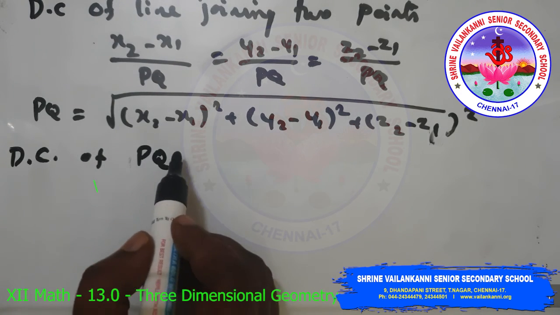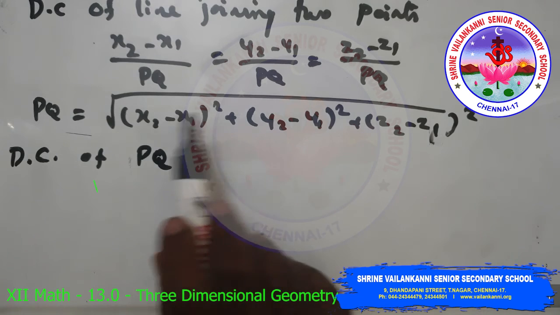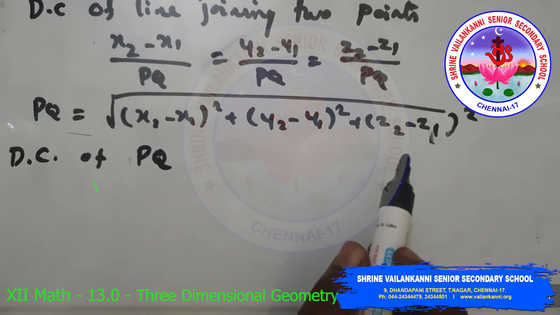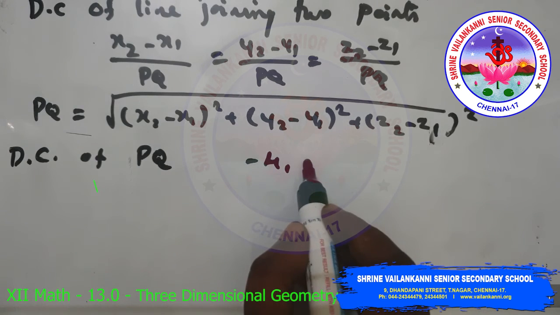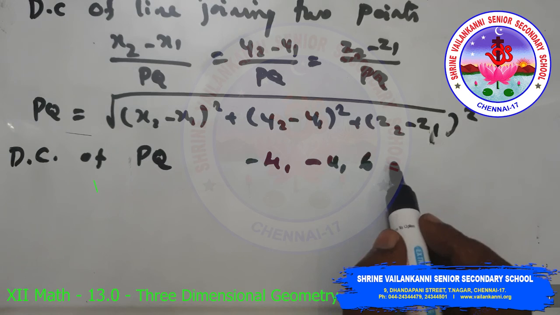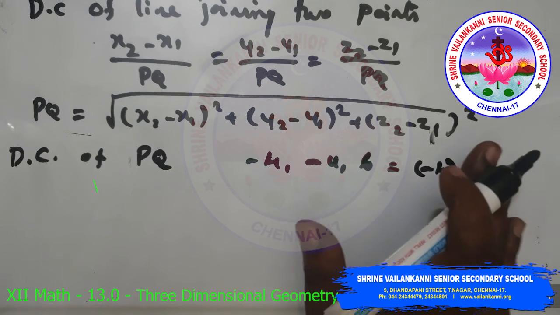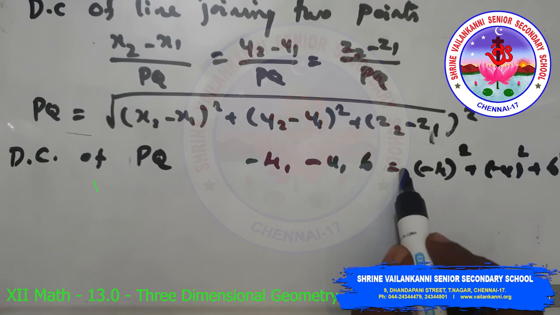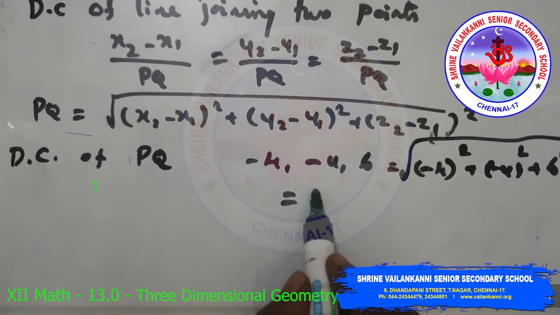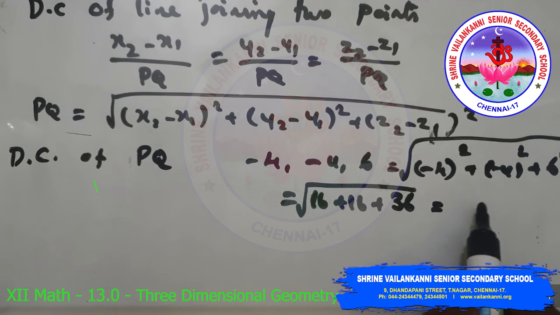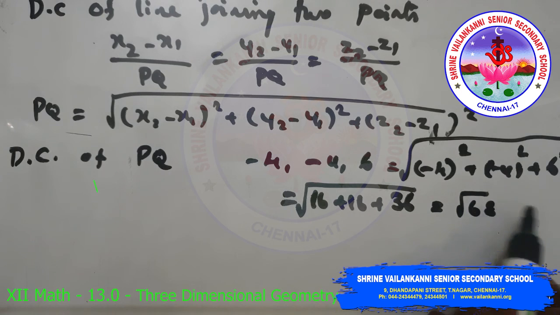PQ are, so first we'll find PQ, which is equal to root of something. DRs of PQ are -4, -4 and 6. So square root of -4 whole square plus -4 whole square plus 6 square, which is equal to 16 plus 16 plus 36, which is equal to root 68.